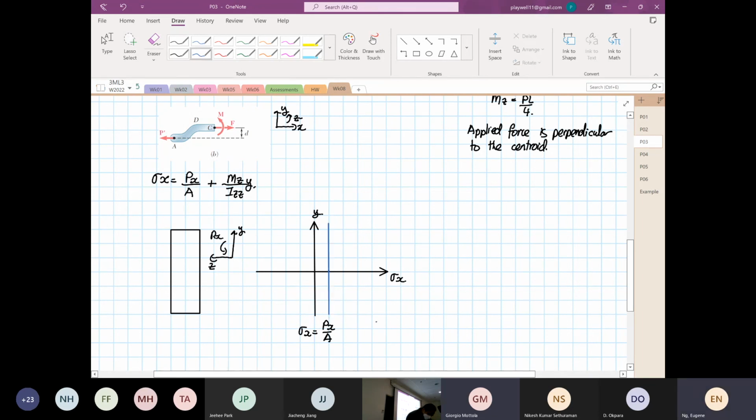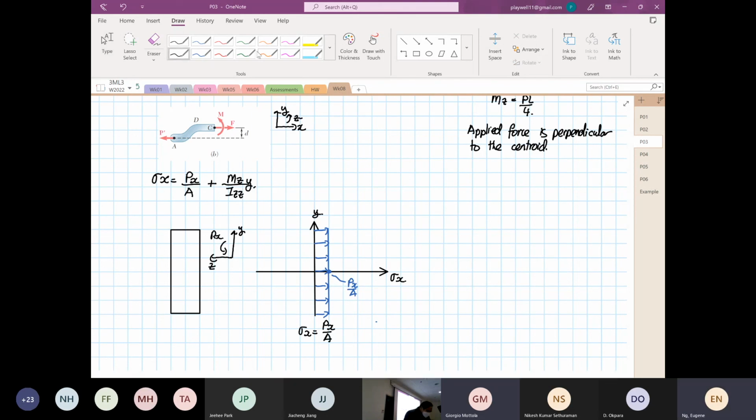At this point, it corresponds to Px over A in tensile, and this is how the stress is going to distribute, up to here. This is due to our axial load.